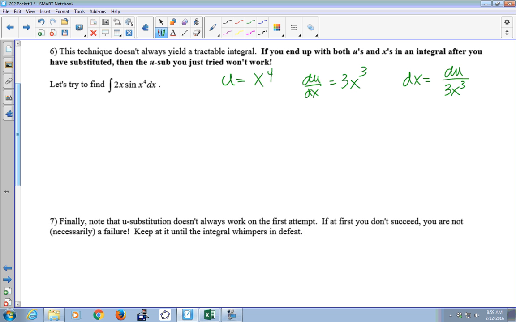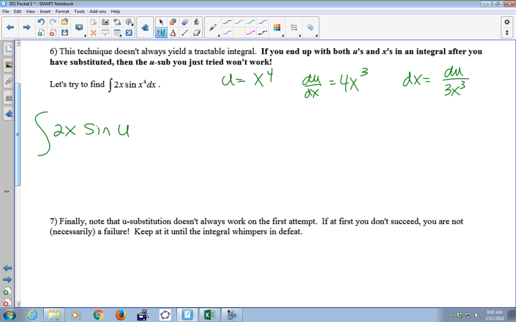So we come back over to our integral, and we substitute everything that can directly substitute. So I've got 2x. That doesn't have a direct substitution, so I just leave it for now, and fingers crossed that it cancels.